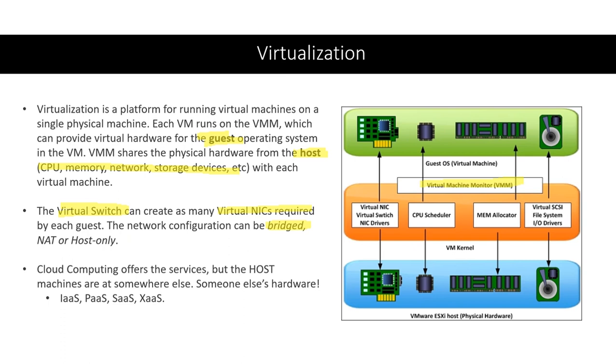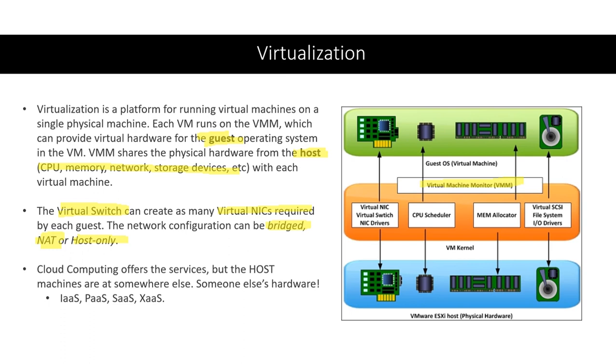Bridge mode means that your connection is actually bridged, and you can reach the host network. So your main network can be reached directly through the virtual switch. If you NAT it, with network address translation, that means you're going to be hiding behind a single IP address from your host, and your VMs can have any set of IP addresses that are not seen from the outside because you're NATed from a single IP address.